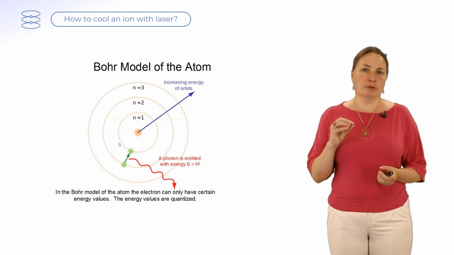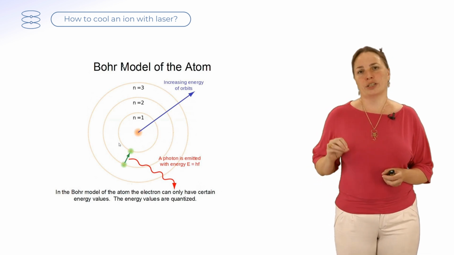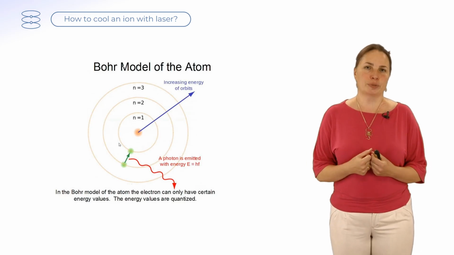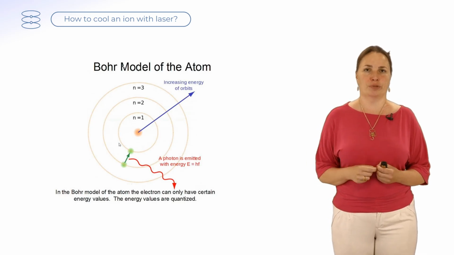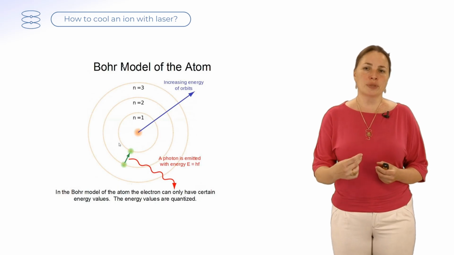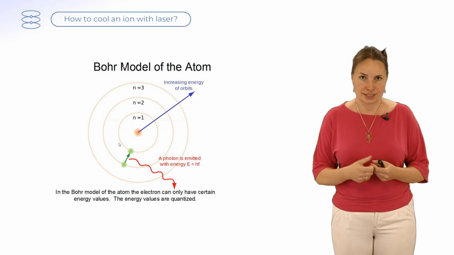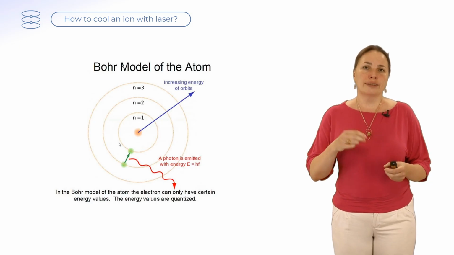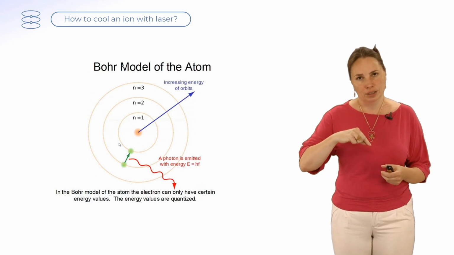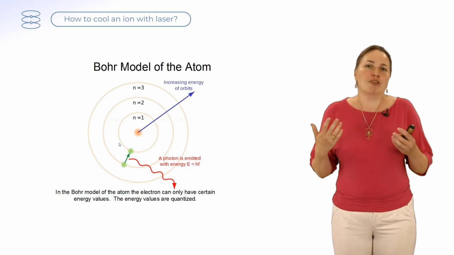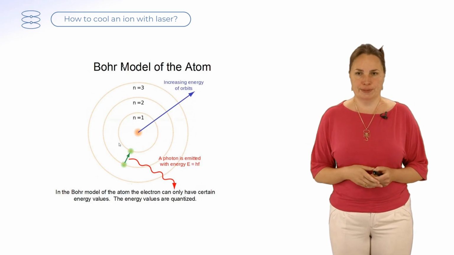If we have a photon with some energy and it goes to the atom, the atom can absorb this photon if the energy of the photon coincides with the difference of energy levels. And thus the atom has this additional energy, and the electron goes from the lower energy state to a higher energy state. So it increases the energy of the orbit.